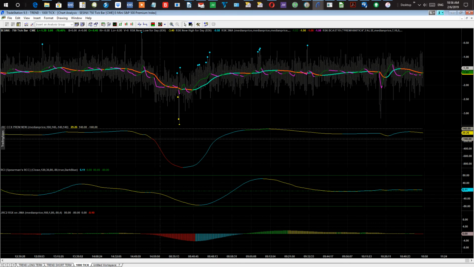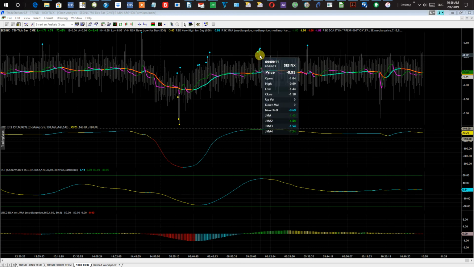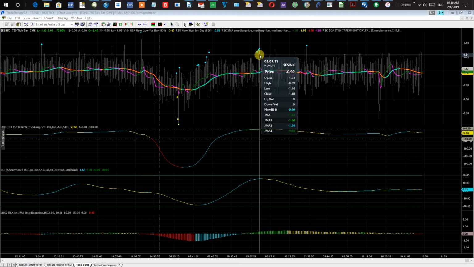And where are we going to exit it? A good place to exit that trade, a real safe place to exit the trade, would be when we tag the value of the Spoos that took place when we hit this high on the premium.